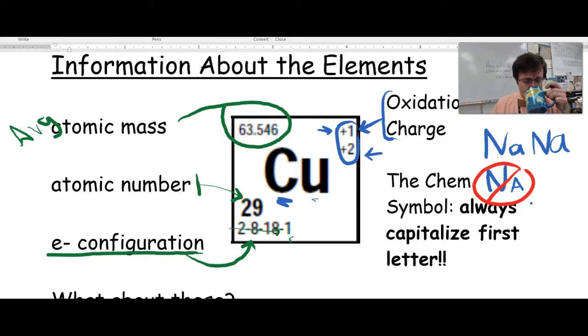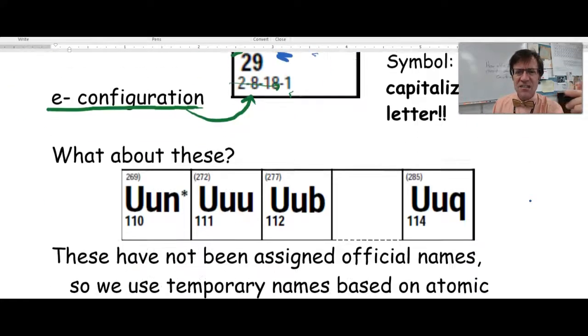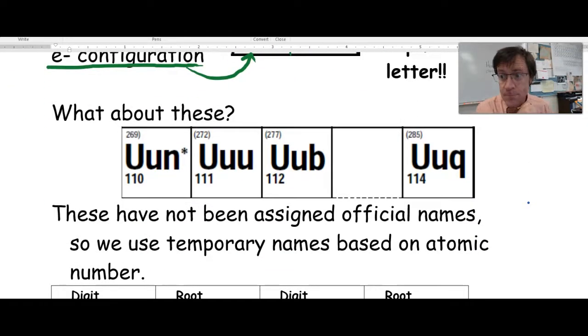That's terrible. This next thing, I'm just going to mention this real quick, just because everybody ends up asking me, hey, what's all that stuff? So here's the deal. At the bottom of your periodic table, there are all these elements that look like this. UUN, UUU. So these are elements that at the printing of this periodic table were as of yet unnamed, because we don't discover elements all by ourselves anymore. Science is not one dude sitting up in a laboratory, mixing things in a flask under candlelight.